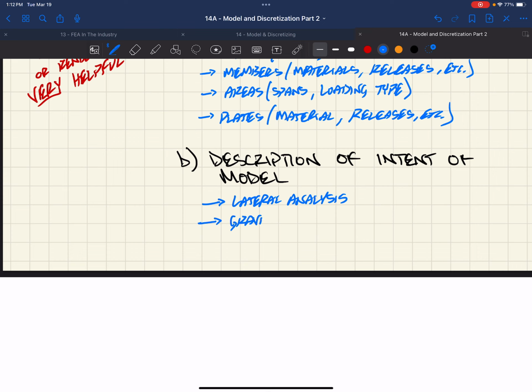We could do gravity. Or maybe it's a specific element design. Right?